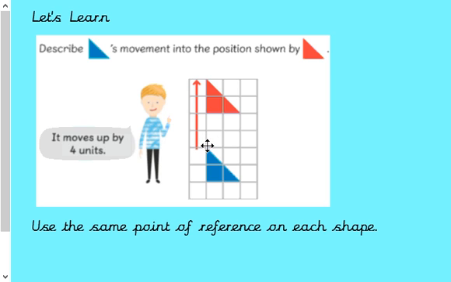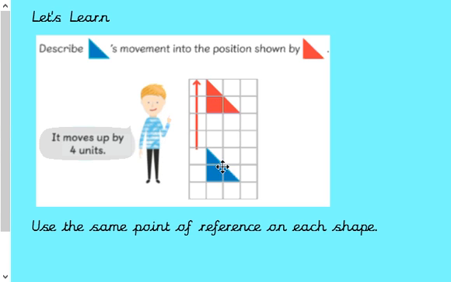Now, in this case, for this triangle, I'm going to take the top corner here, the top vertex, and I'm going to see what I need to do to move that point so that it sits directly on top of the same point on this red shape. So here, I'm going to move this point 1, 2, 3, 4. So the shape here will translate up by 4 units or 4 centimeters.